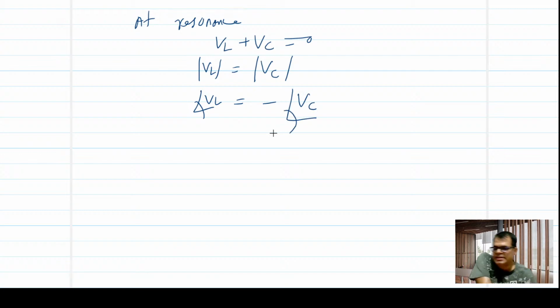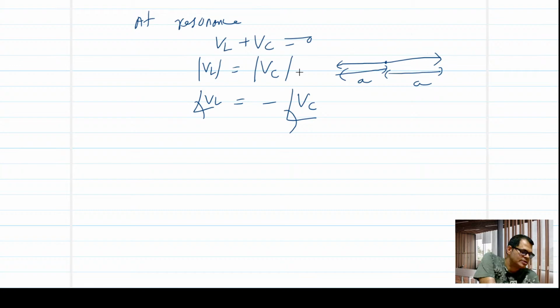So that's why they are getting cancelled. That means if one vector is of length A, another vector is of length A but in the opposite direction, 180 degrees opposite. This is also an MCQ or MSQ point. Okay, that is 180 degrees opposite.